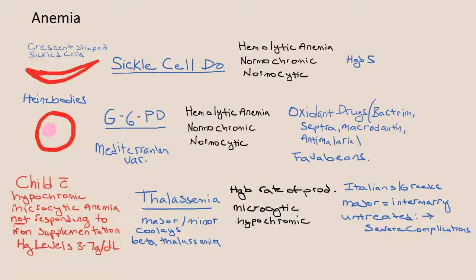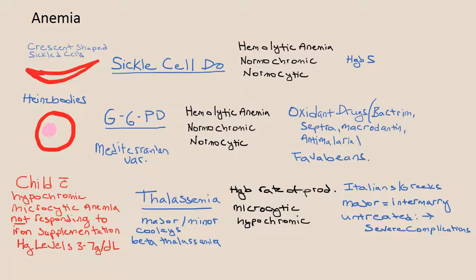The next one we want to talk about is thalassemia. It's categorized as microcytic hypochromic because it's a problem with the hemoglobin rate of production. There are two types: a major form, also called Cooley's anemia or beta thalassemia, and a minor form.